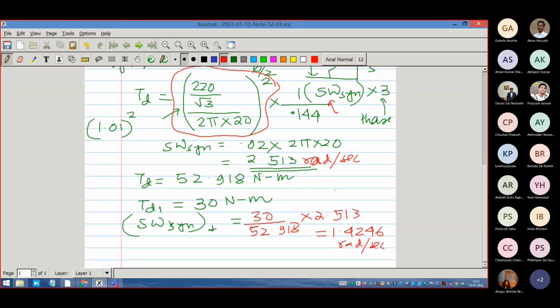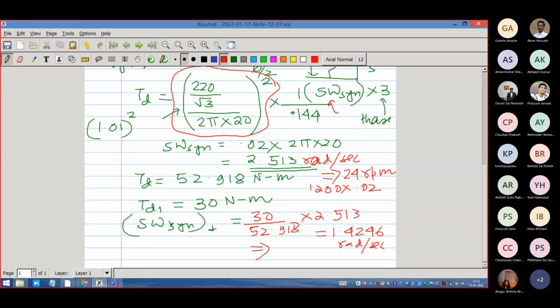Is that correct? This corresponds to 24 RPM. Let us cross check. Yes, it is true, because it is 1200 into 0.02, so that is 24 RPM. So this radian per second corresponds to 24 RPM.